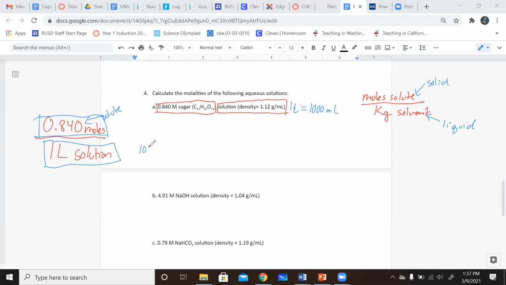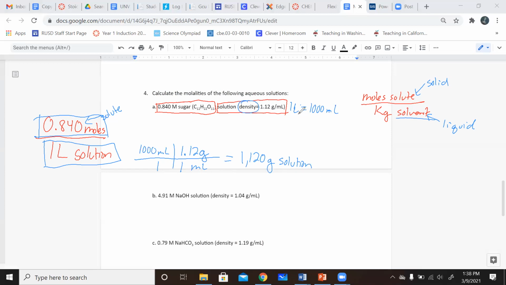So if we take our 1,000 milliliters of solution present and we convert that using our density, using 1.12 grams for every 1 milliliter, we get that in total, the solution is 1,120 grams. But again, that's not the same thing as solvent. That is different. That's total. We need how many grams of solvent are present.